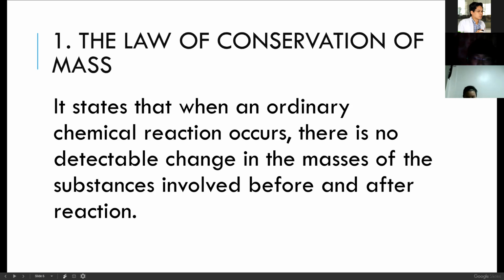So this means that the reactant is equal to the product. Whatever the reactant, it should be seen in the product. This is one way also to balance your equation in chemical balancing. Whatever you see in the reactant, you can actually see also in the product.